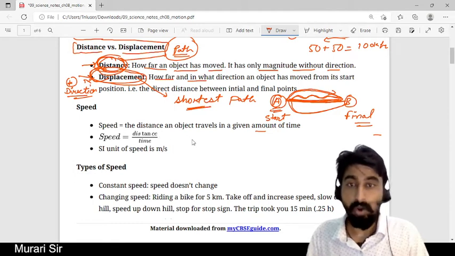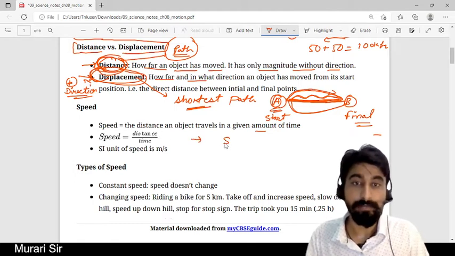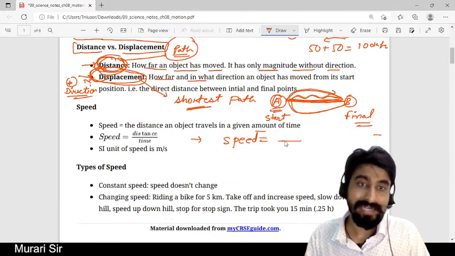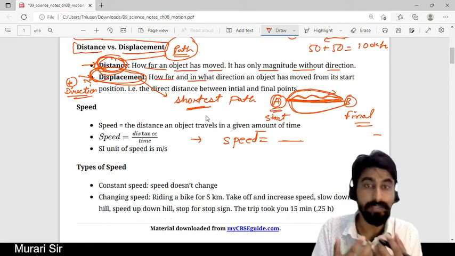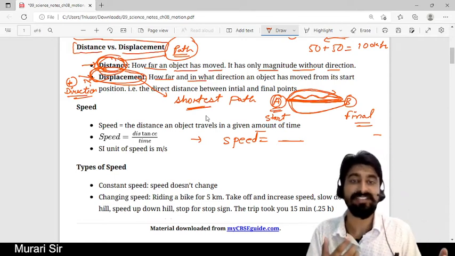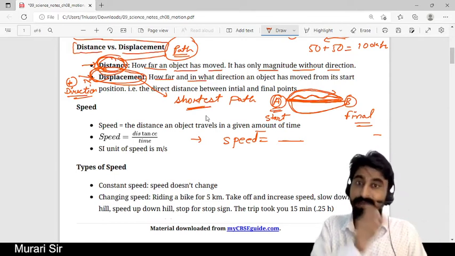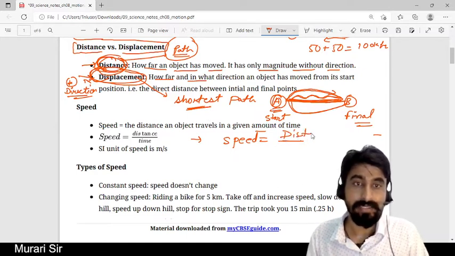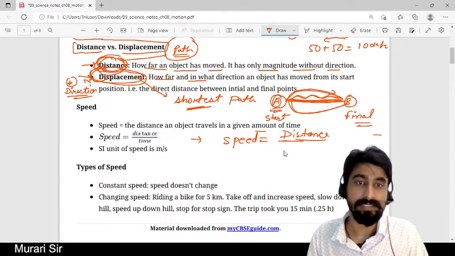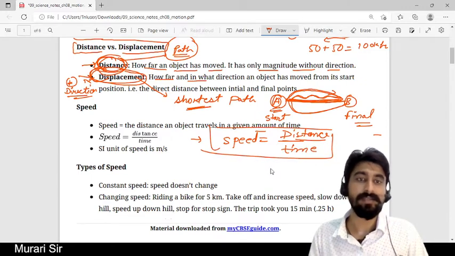So, if we call it a new term, that is speed, then that is nothing but the how. If you answer this word how, how the distance is changing with the time, then that term will be defined as speed. You can understand the rate of change of distance with respect to time is considered as speed.